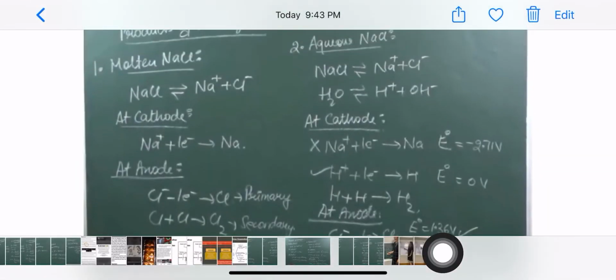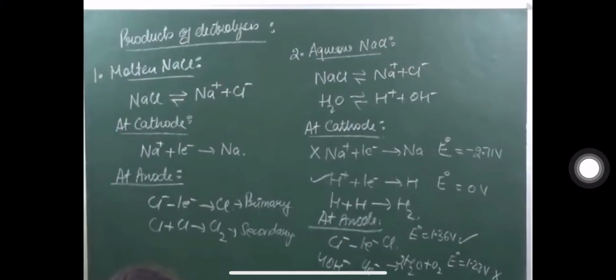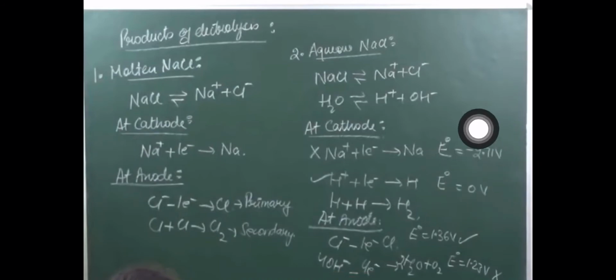Yes, you can remember it like this also, that at the cathode the substance which is having less negative value will participate, and at the anode the substance which is having more positive value. Remember, here less negative value and here more positive value. So from these two, which is the less negative value?